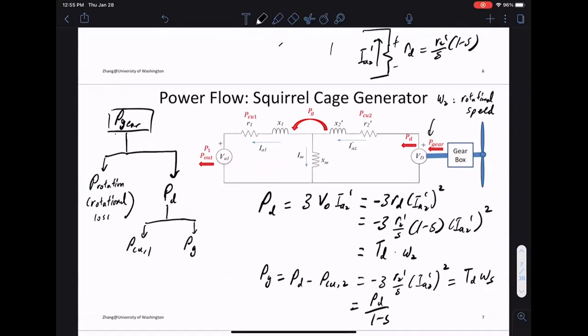So when we're accounting for this active power flow, one reason we don't account for reactive power is there's no reactive power coming out of the gearbox. It's all active power, and so we're looking at active power transfer.